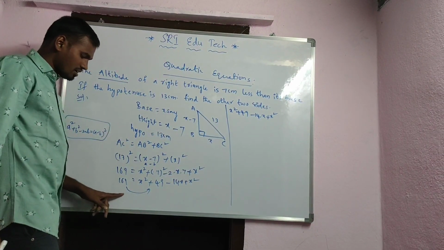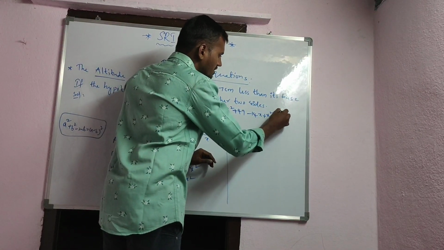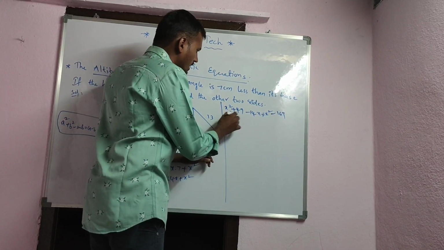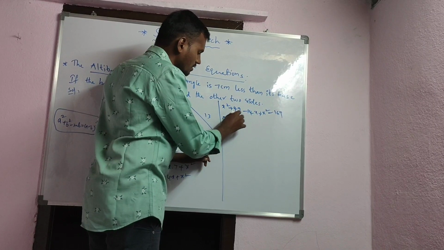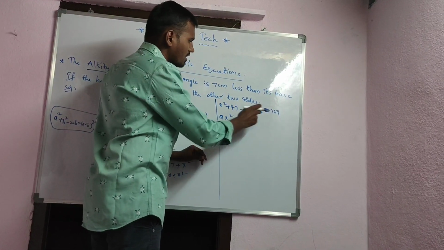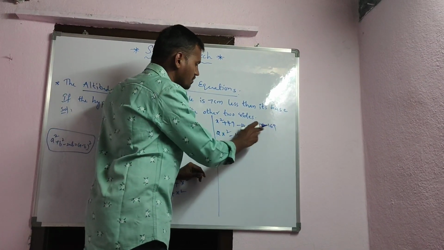This 169 transfers to RHS, it becomes minus, then minus 169. Okay, let's see, x square plus x square how much? 2x square. Okay, right, minus 14x. Then 169 minus 49 means how much?